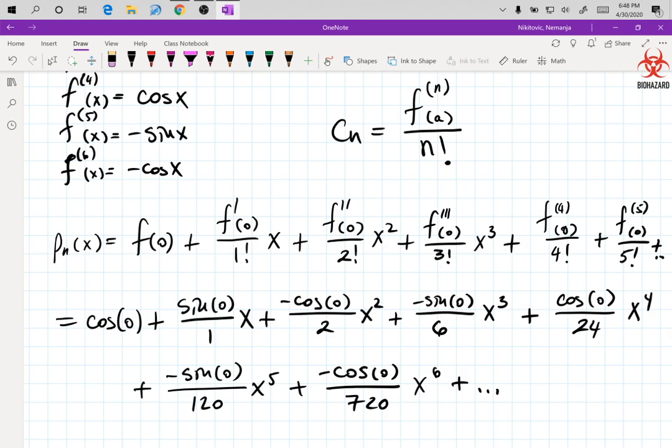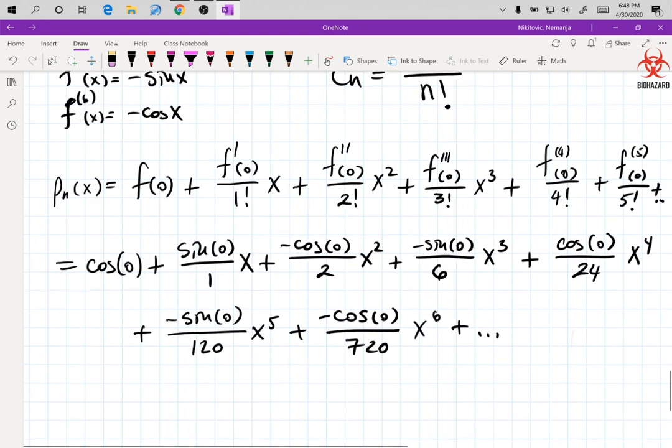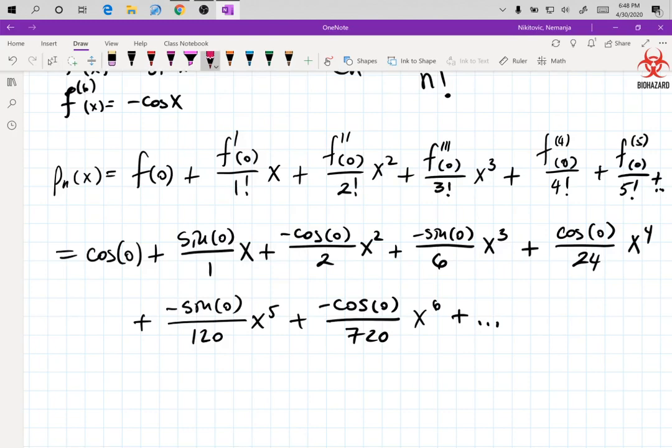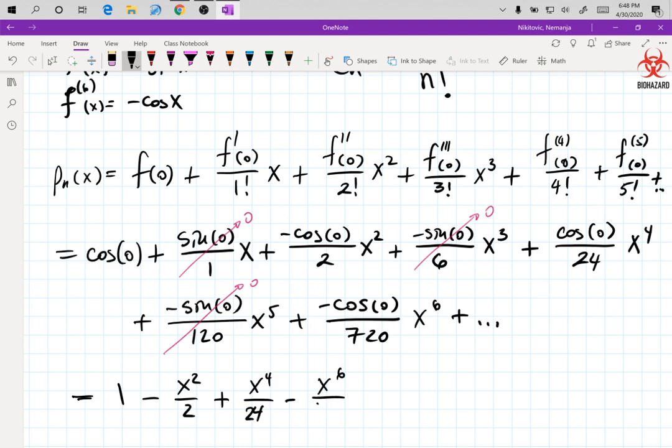So the goal over here is to now compute all of this. Now all of these terms with sines are gone. All of them, because sine of 0 is 0, and that kills the whole term. So you are left with cosine of 0 is 1, minus x squared over 2, plus x to the 4 over 24, minus x to the 6 over 720, plus dot dot dot.